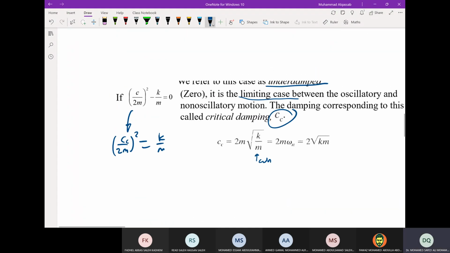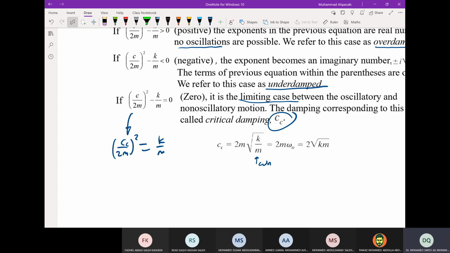So now you can see that there are 3 systems here. Although the system consists of a spring, mass and damper, depending on the value of C, you will get 3 different types of system. If you include C equal to 0, you have 4 types of systems. And for each one, the equation of the response, which is the solution, will be different.